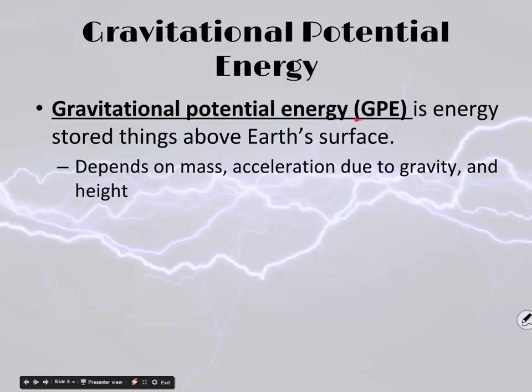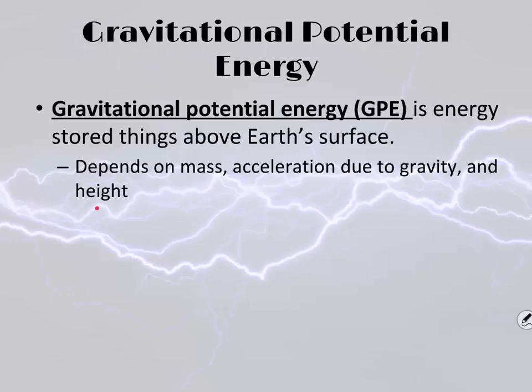Sometimes we shorten it to GPE, but sometimes we also just put PE for potential energy. Gravitational potential energy is energy stored in things above the Earth's surface. It depends on the mass of our object, the acceleration due to gravity on Earth, which we always know is 9.8, symbolized with the letter g, and the height above the ground.